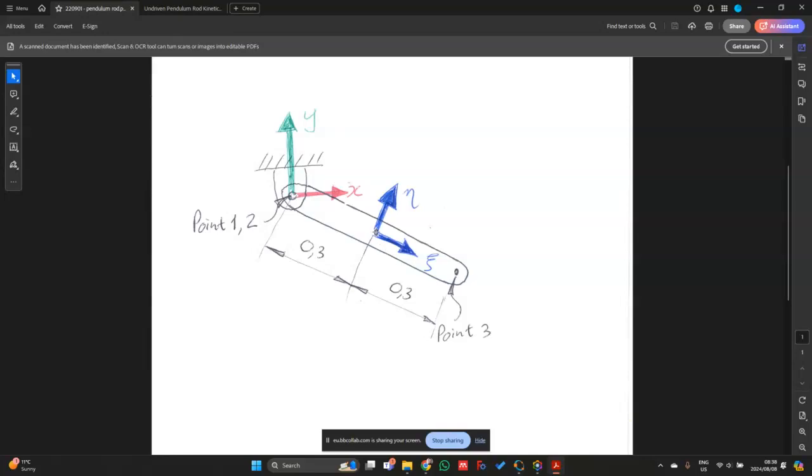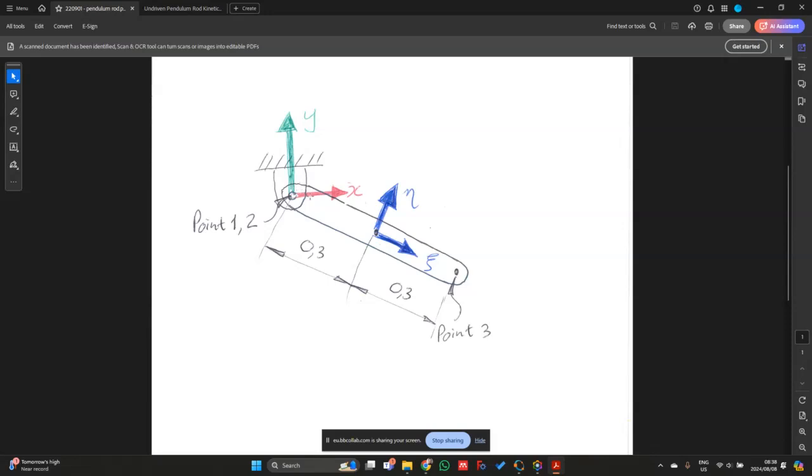So in this case, we can assume that the center of mass is at the center of this rod, so at the geometric center as well. And I place it with xi in the direction of the rod's longitudinal axis, and then eta will just be perpendicular to that. So we are working with a right-handed coordinate system as well. So if I define xi in this direction, eta needs to face upward.